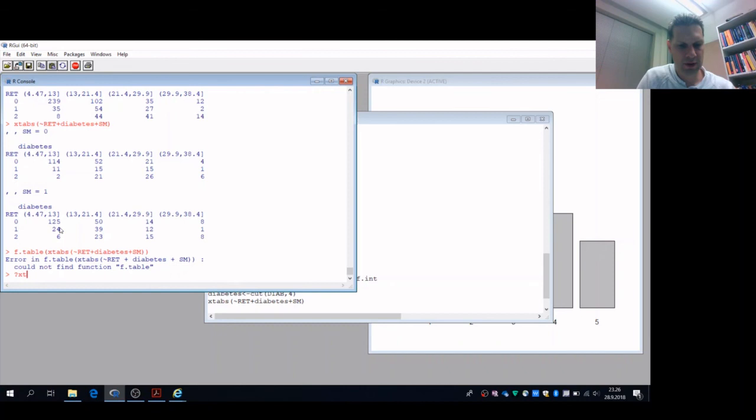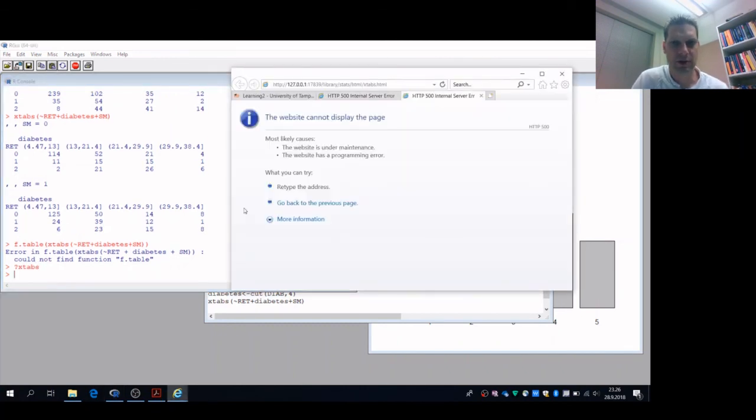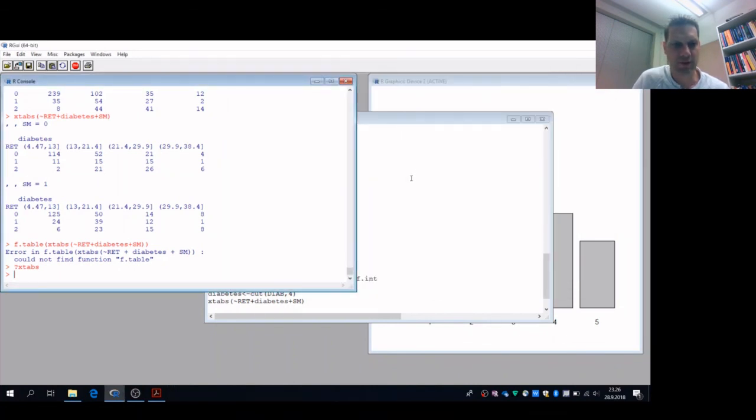We could of course check the xtabs help. Sorry, we cannot get our internal server to work here, so let's forget about these help sites because they are not currently working.